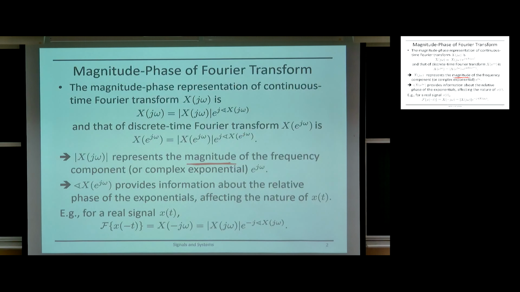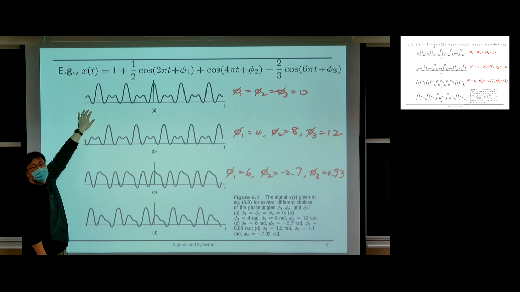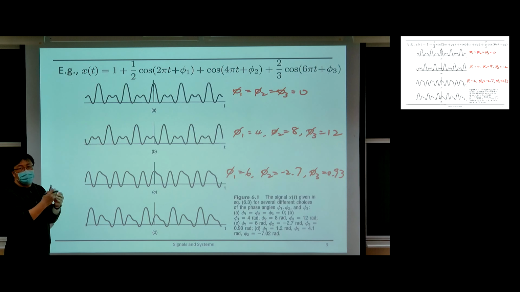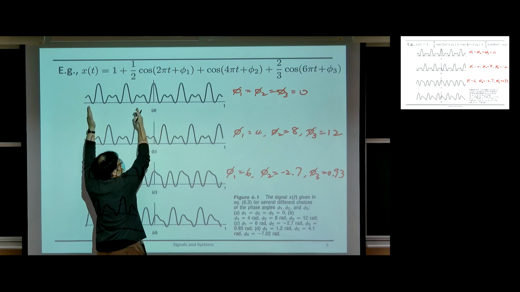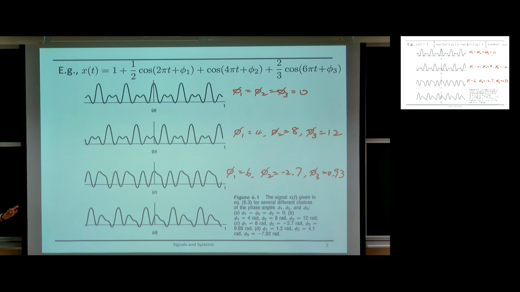So imagine that, suppose this is your input signal. If you pass this signal through a system with linear phase, then this signal will just be entirely shifted by the delay T0.